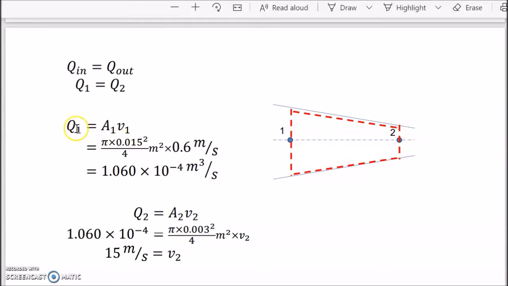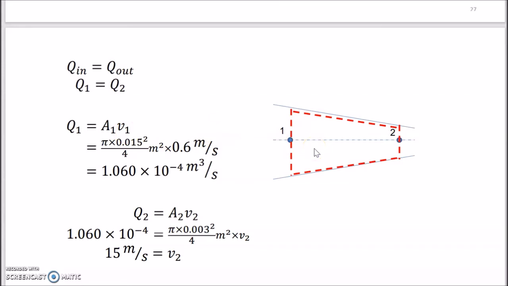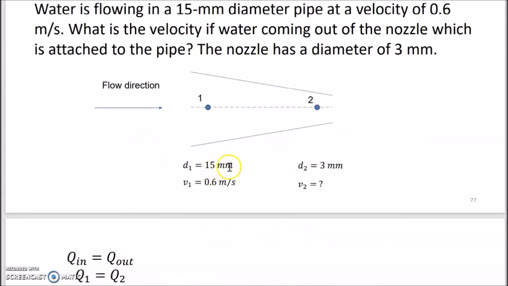Therefore, the flow in Q1 equals the area A1 times the velocity moving into the control volume nozzle. We calculate the area at section 1 because the diameter is given in the question, 15 mm.